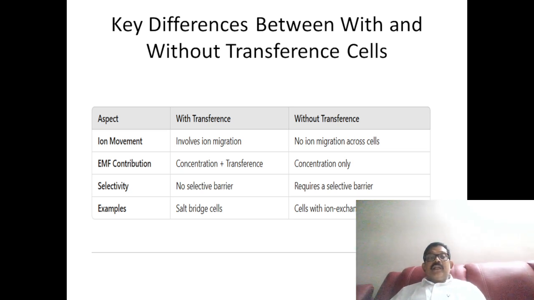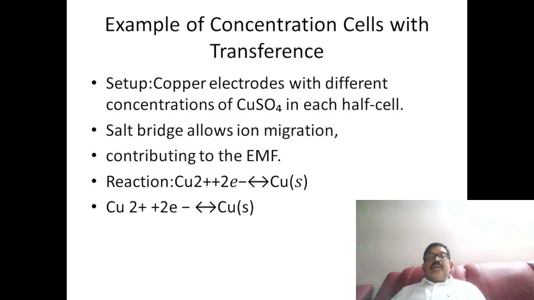Selectivity: in case of with transference, no selective barrier; without transference, it requires a selective barrier. Example: with transference, salt bridge cells; without transference, cells with ion exchange. So let us see some examples of concentration cells with the transference.